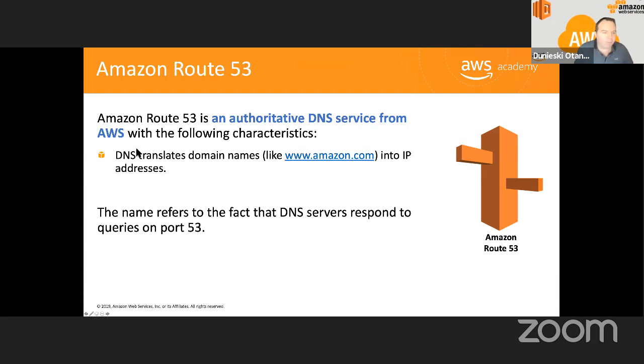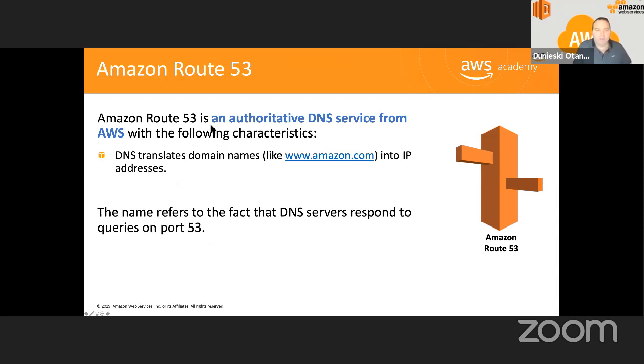We saw port 80 for HTTP, 443 for HTTPS, 22 for SSH, and now we see port 53 for DNS. And it was called route because it's named after an interstate highway in the United States, like a route. The name refers to the fact that the DNS server responds to queries on port 53.